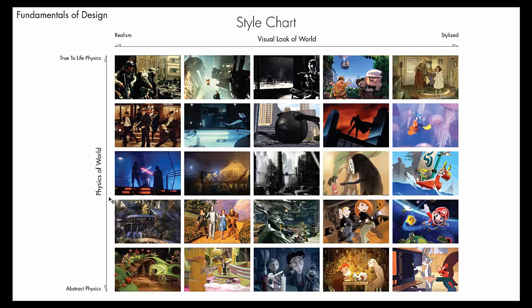Over on this axis we've got the physics of the world, and this is how physics and nature and how the world works in our film or in our game or in our animation. So moving down, we've got Kill Bill, where we've got people flying all over the place.